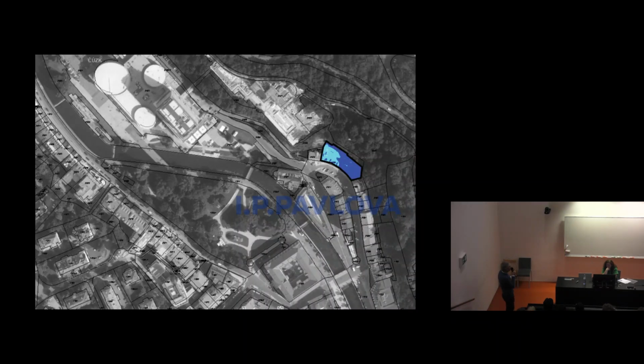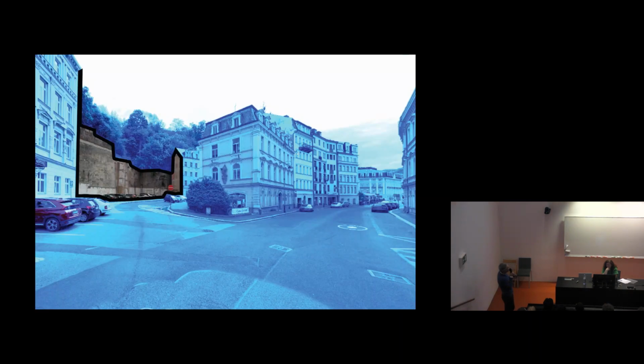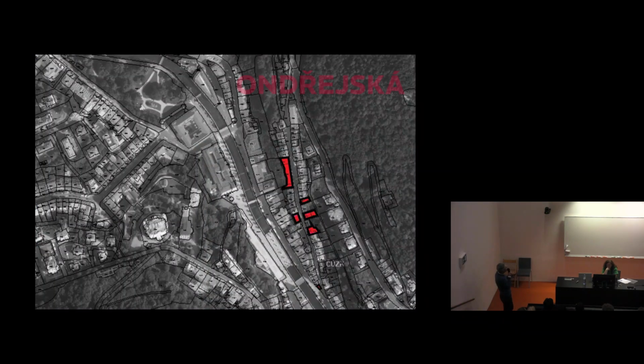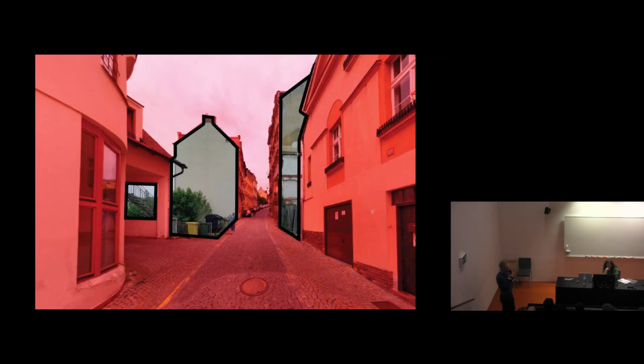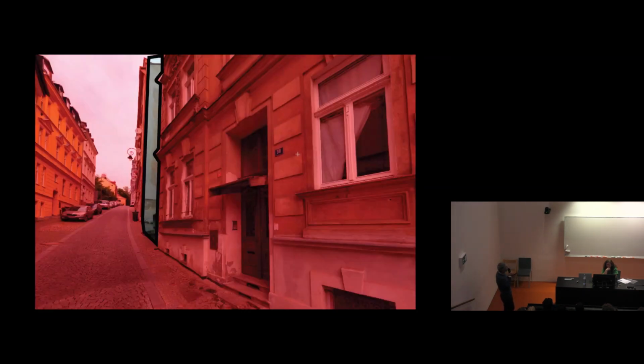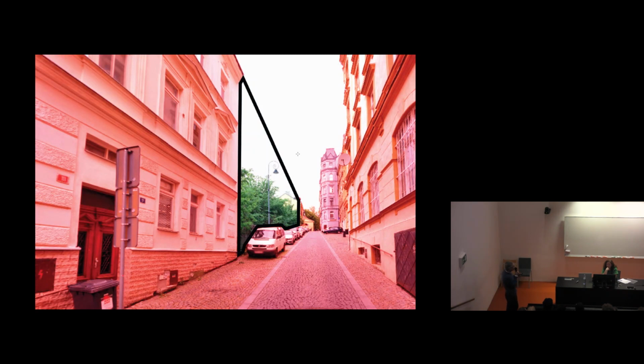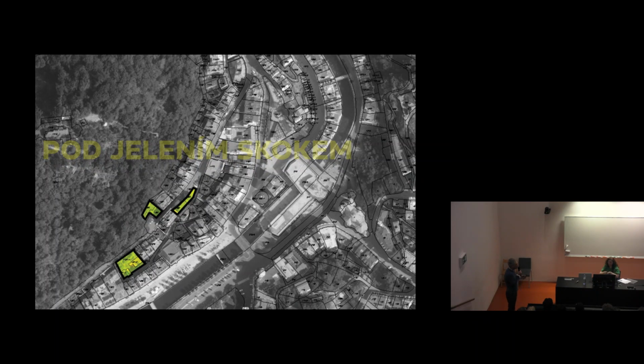As you could see a while ago, those gaps are of several sizes and characters. We are going to visit Karlovy Vary at the beginning of the semester, and after that you will choose one of those gaps to work on with your individual project.